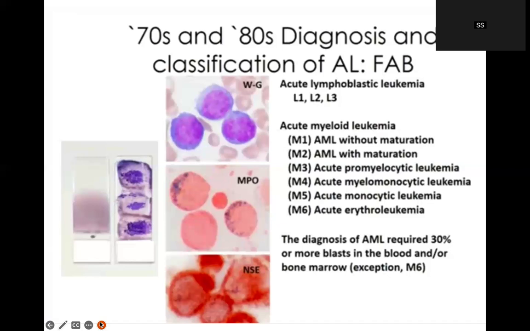The second subcategory is AML with multilineage dysplasia, AML and MDS therapy-related changes, and AML NOS. This AML NOS category falls into the FAB classification from M1 to M6. Now moving on to the 2016 classification. Next slide, sir.